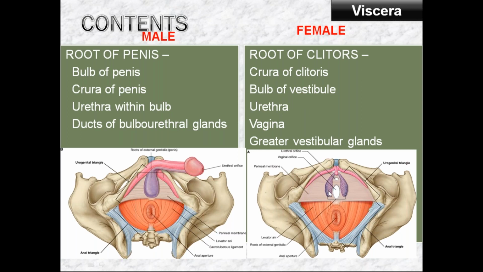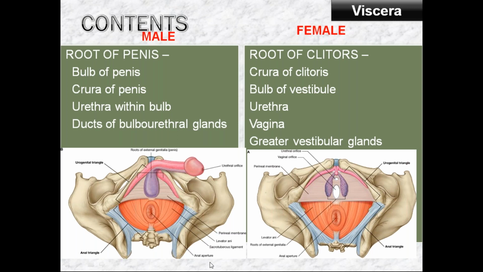So bulb of the vestibule, and this is a urethral orifice, and this is a vaginal orifice. In the superficial perineal pouch, female contains greater vestibular glands. So greater vestibular glands are situated in superficial perineal pouch.